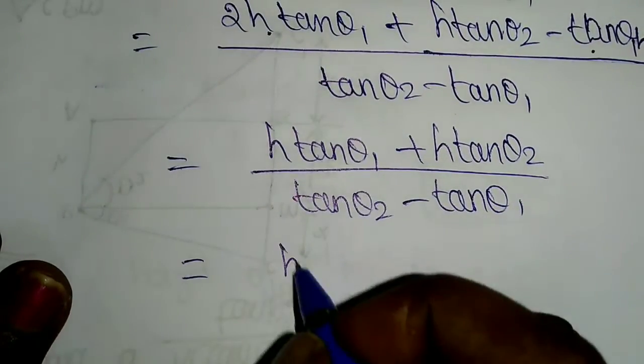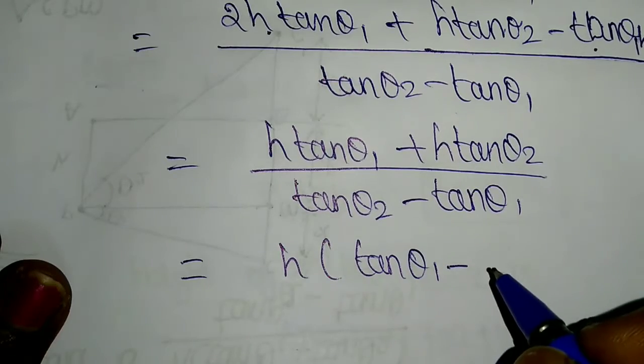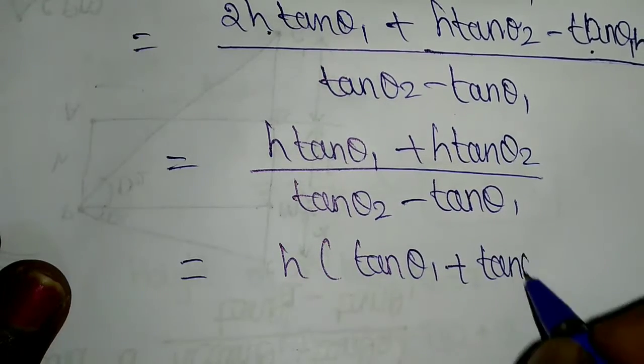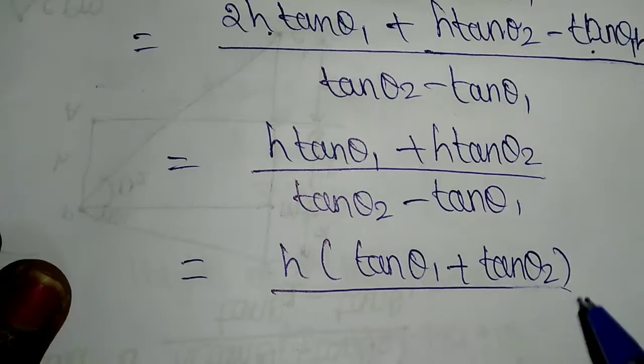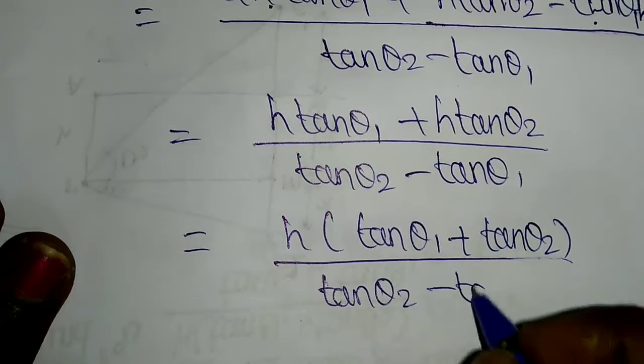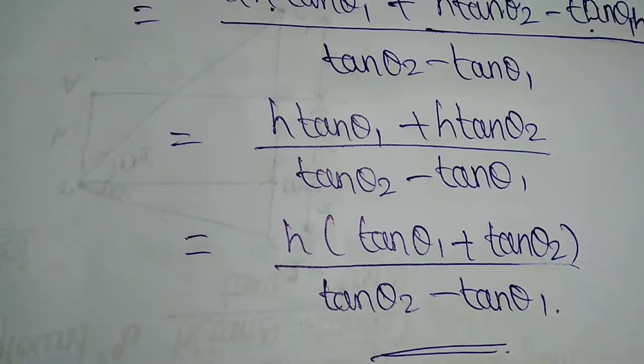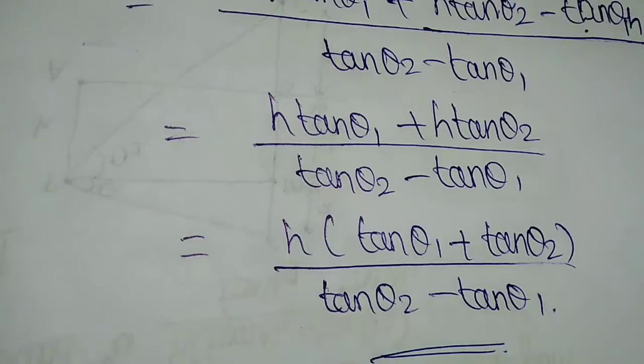Here h is common, so h into tan theta 1 plus tan theta 2 divided by tan theta 2 minus tan theta 1. Hence proved that h into tan theta 1 plus tan theta 2 divided by tan theta 2 minus tan theta 1. Okay.